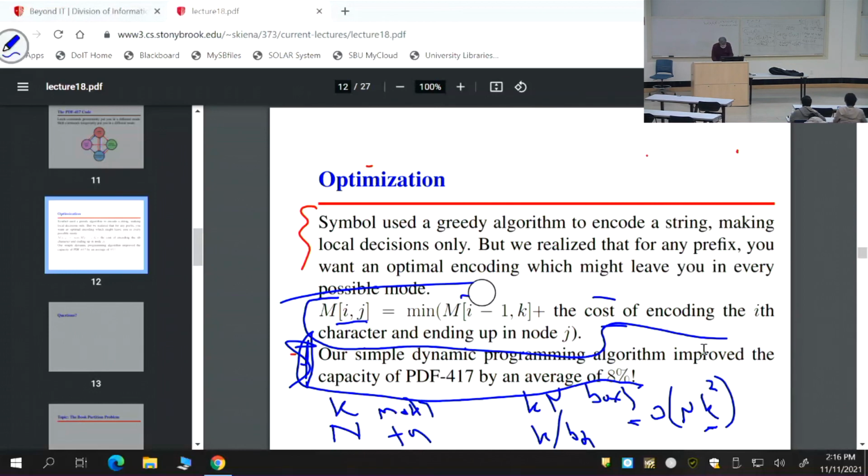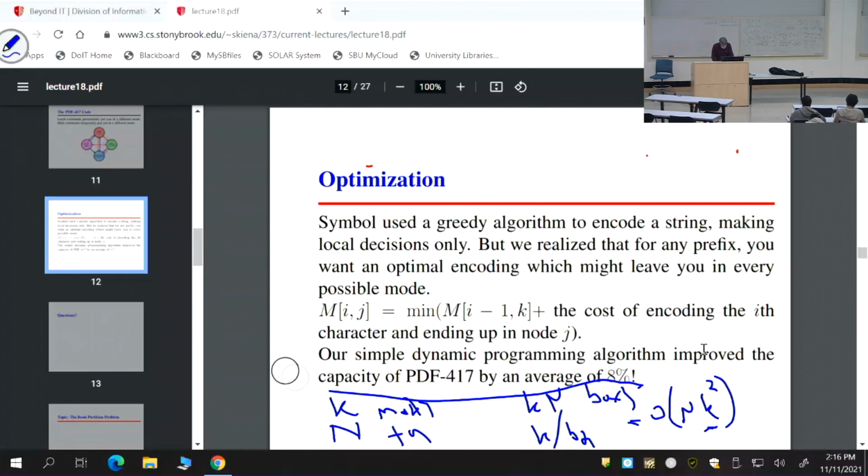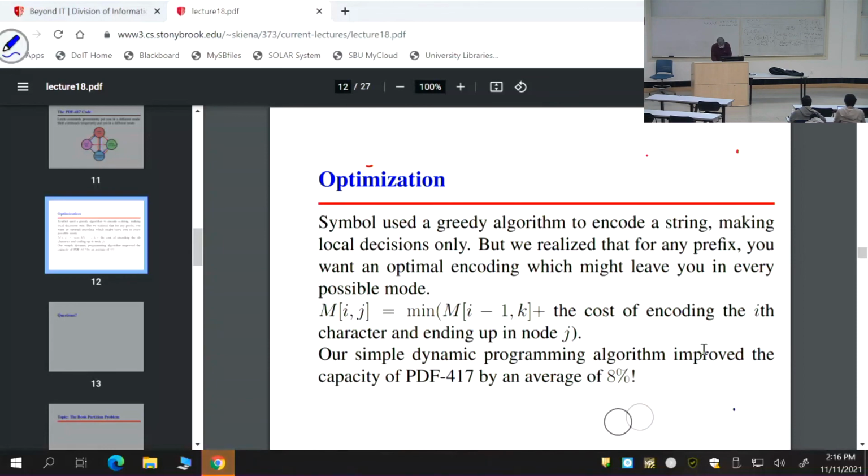And so I hope by now you're starting to get an idea of how you proceed on a dynamic programming problem. I start out by defining a function that, if I could compute it, would be good. I then prove it could be good by showing that if I had this function, I could get the answer to the problem I really care about.